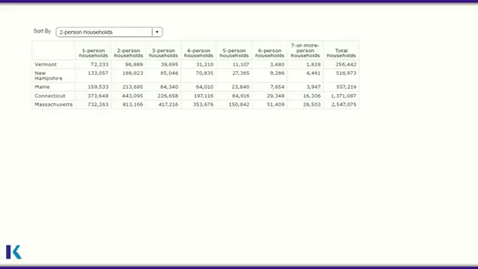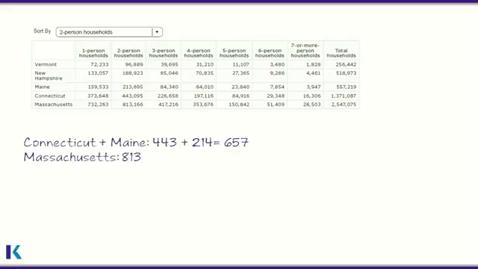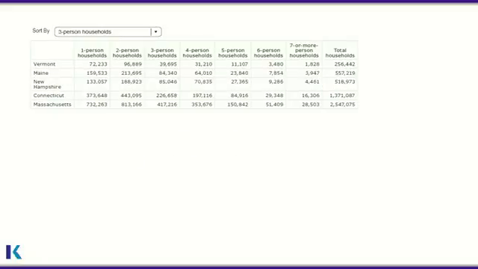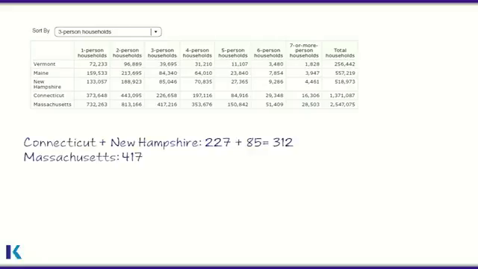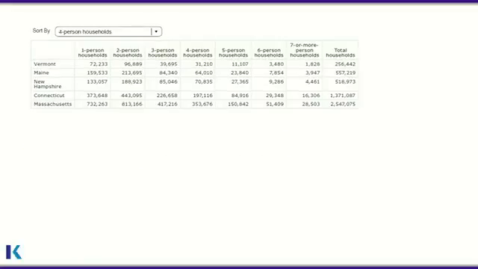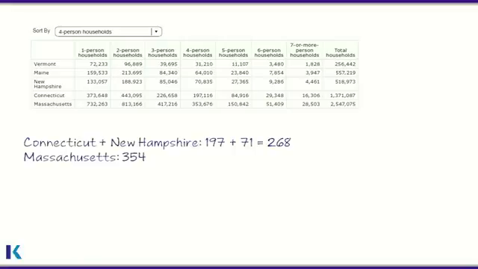For the two-person households, is 813,000 greater than the sum of 443,000 and 214,000? Absolutely. For the three-person households, is 417,000 greater than the sum of 227,000 and 85,000? Yes. And for the four-person households, is 354,000 greater than the sum of 197,000 and 71,000?